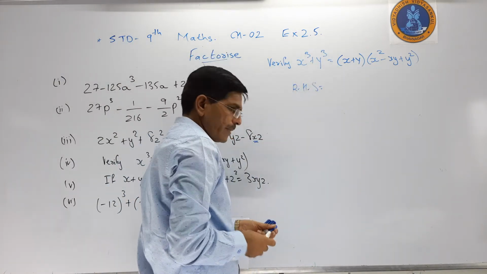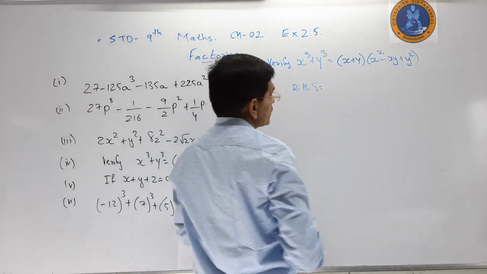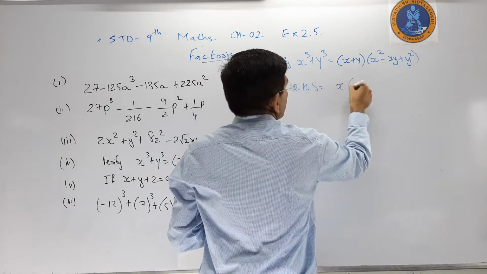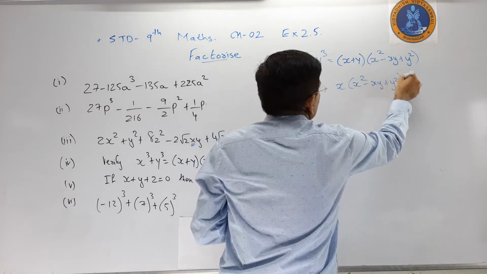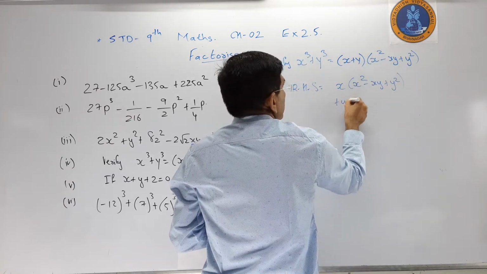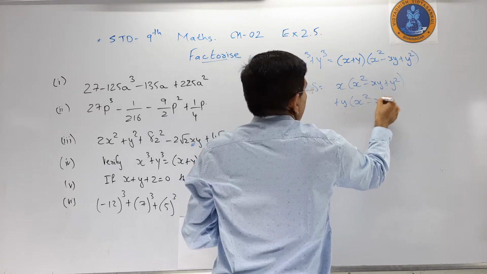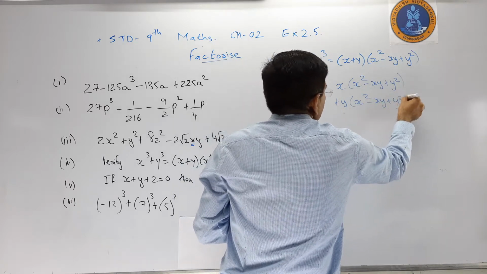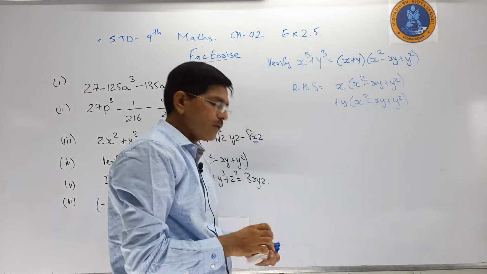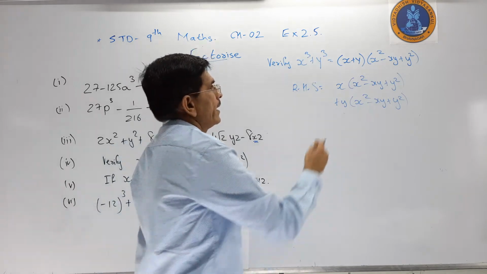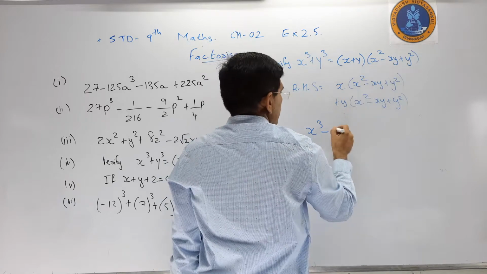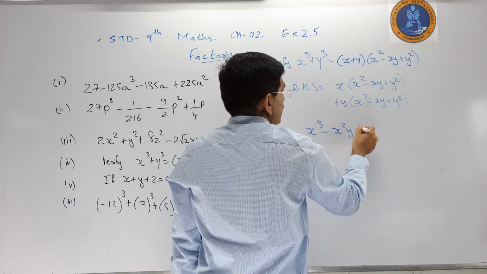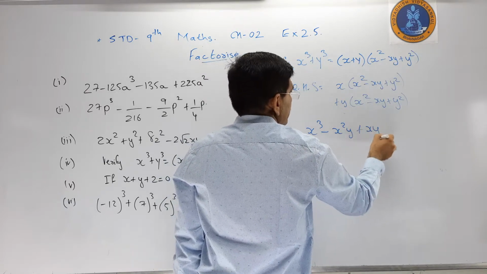If I open the bracket, what do I have to do first? x in bracket x square minus xy plus y square. Again plus y, I have to write x square minus xy plus y square. Now opening the bracket, x into x is x cube, x square y plus xy square.